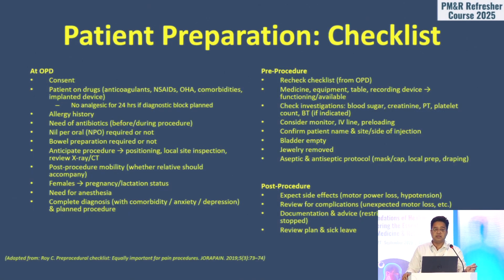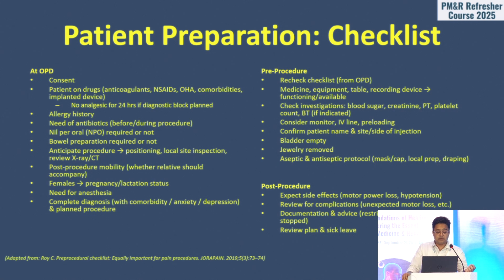Before giving any regenerative medicine, there is a checklist we should always go through in the OPD. We should always take consent, and ask about drugs the patient is on, such as anticoagulants, NSAIDs and any oral hypoglycemic agents, and any allergic history.